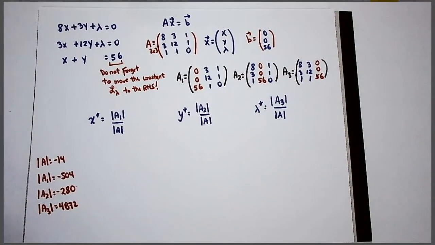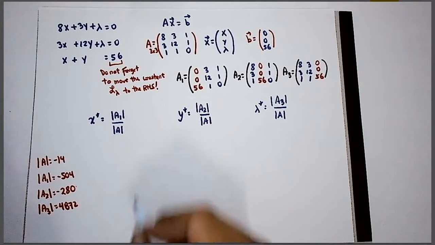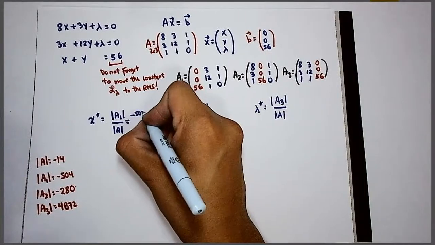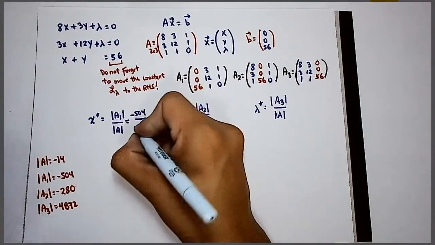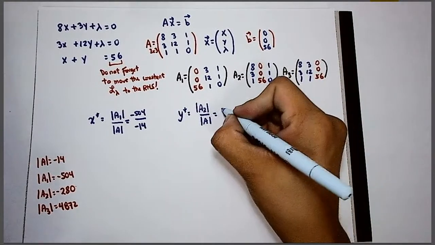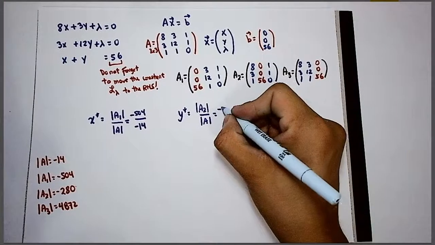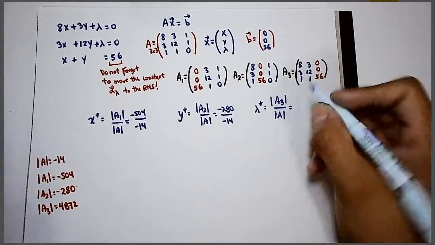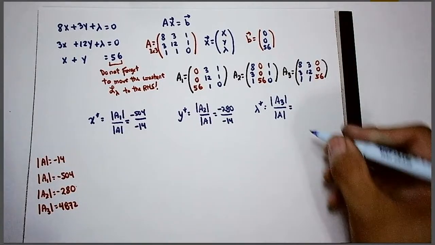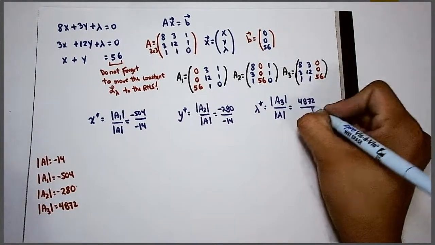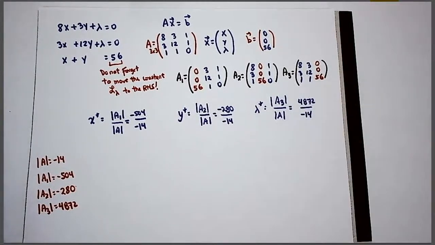Now we can obtain our optimal values. For x, for example, it will be minus 504 divided by minus 14. For y it will be minus 280 divided by, again, minus 14. And for lambda it is 4,872 divided by minus 14.